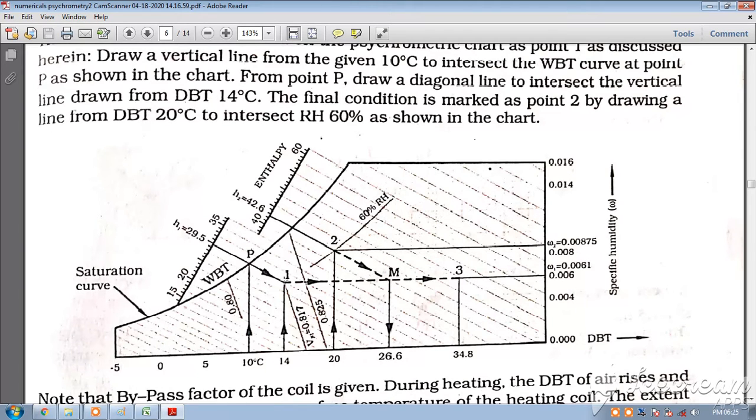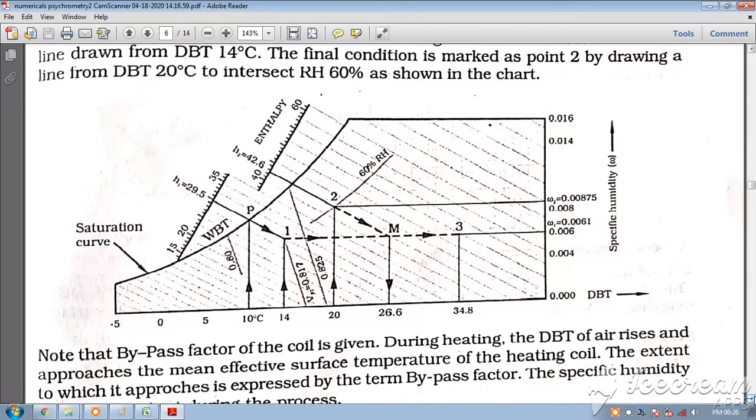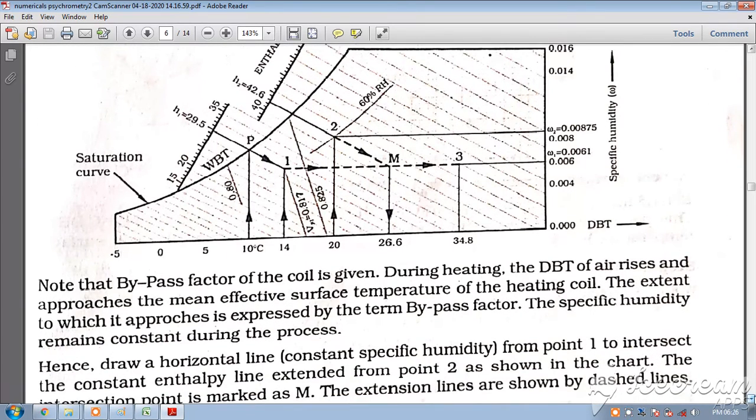There are two things. One is heating, which is required because the dry bulb temperature is more. First we have to do heating, and then humidification, because the moisture is low here, but in the indoor condition we require more moisture, so we will be adding moisture. Now by seeing this chart you can straight away find the values.